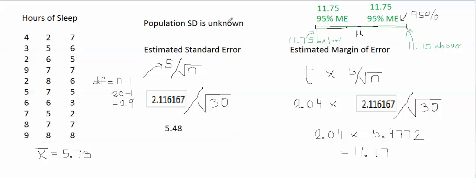Before the end of this video, I wanted to talk about how in some studies, instead of using a sample mean to estimate a population mean, you use a sample percentage to estimate a population percentage. For example, in an election poll, you would select a random sample, and you would ask the people in your sample, which candidate do you plan to vote for?